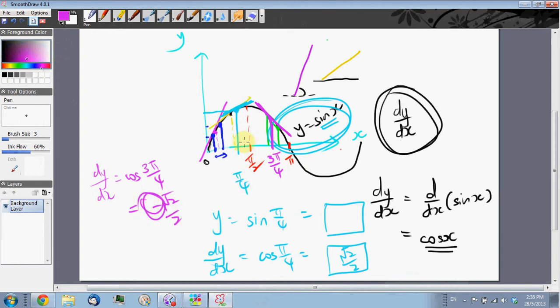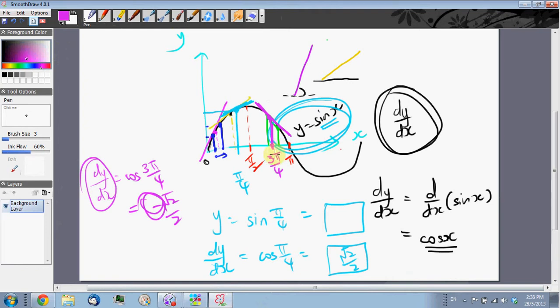The negative sign means that how y changes as x changes is that y is decreasing as x increases. So you can see it here, it makes sense. From this point, y is decreasing afterwards as x increases.